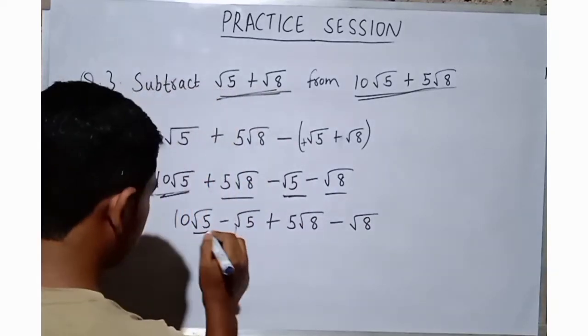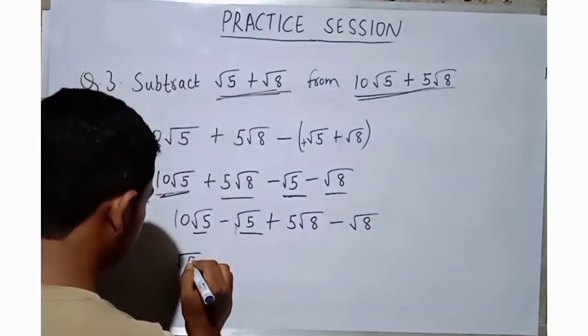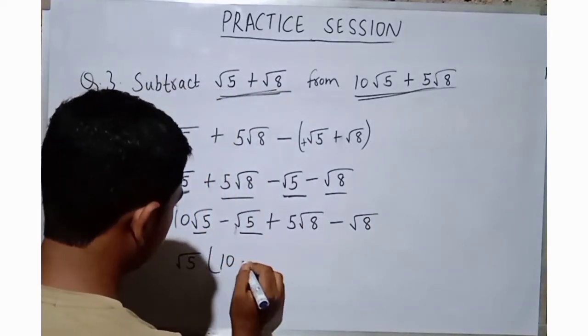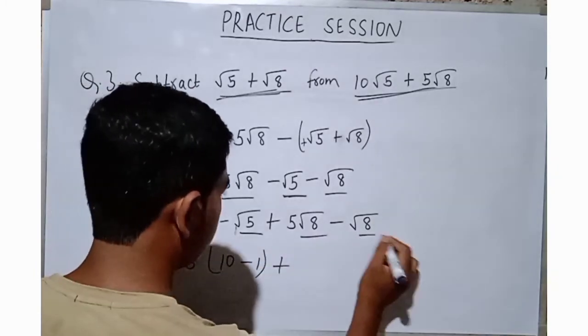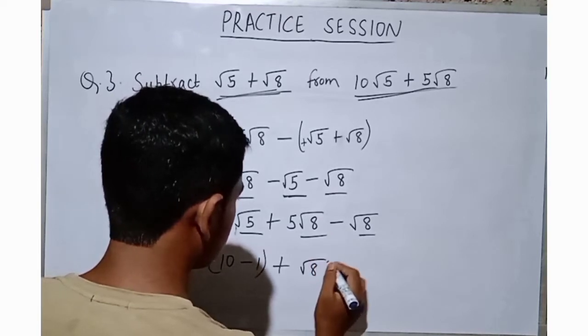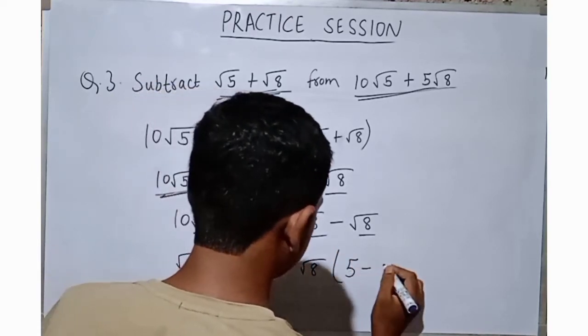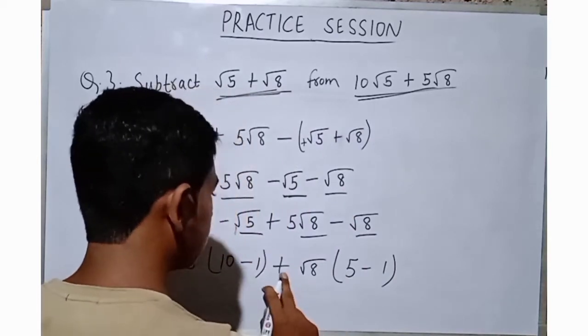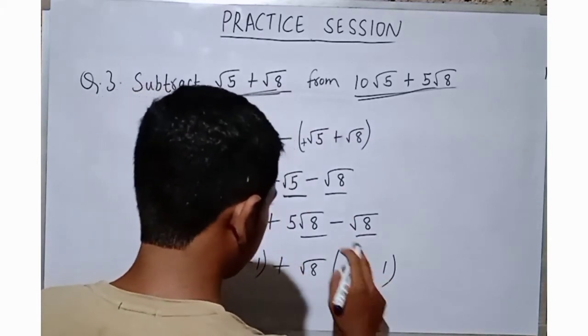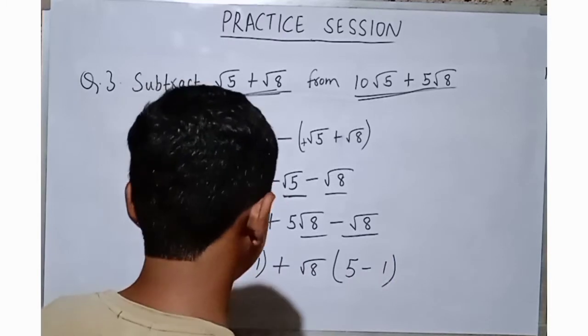Here root 5 can be taken common, so it will be 10 minus 1. And root 8 will be common, so it will be 5 minus 1. Here, if you multiply plus root 8 by minus 1, you will get minus root 8.